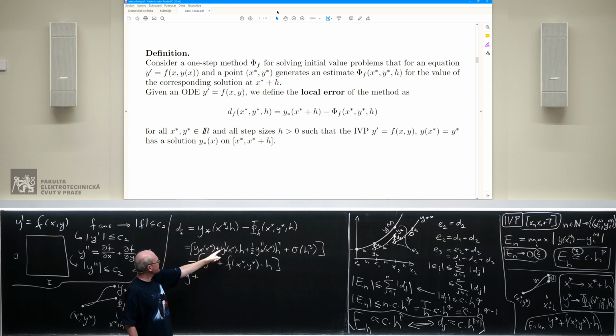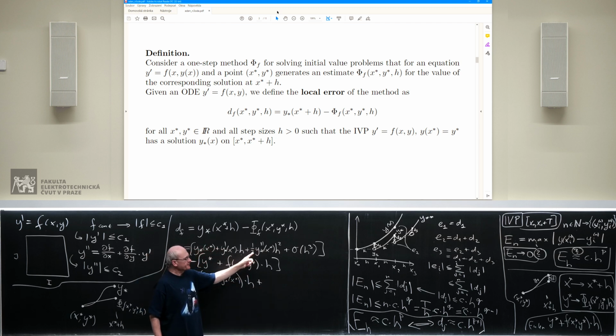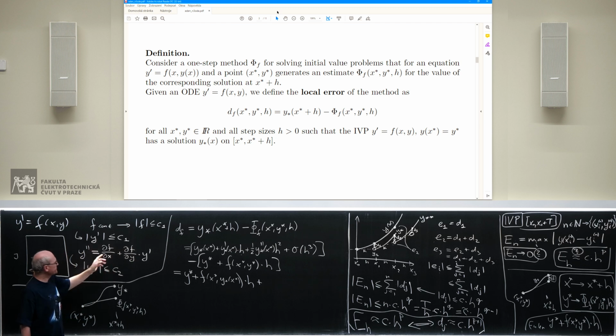Do I see it anywhere? The answer is yes, I see it in my differential equation. So the derivative is in fact f x star y star x star multiplied by step size h. I can see it over here. Plus, how about this guy, second derivative? Well, I actually have a formula for it, but it's too complicated.